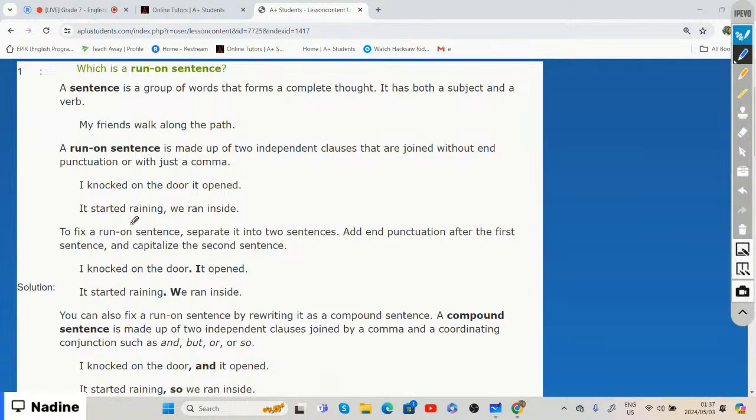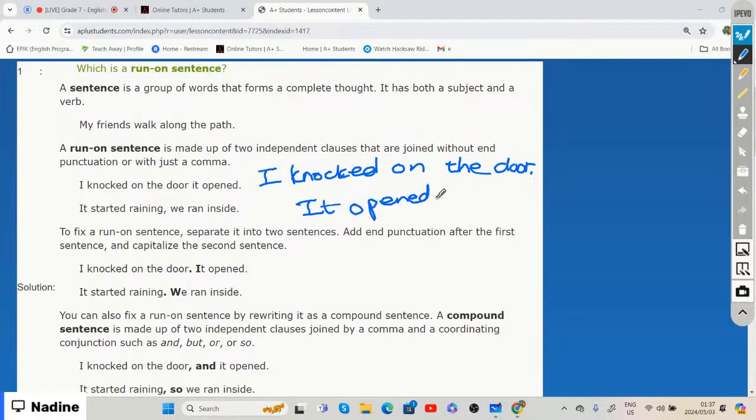And if we rewrite that sentence, we can then say, I knocked on the door, full stop. It opened, right? So that is how we can fix it up. We first write our first sentence, full stop.